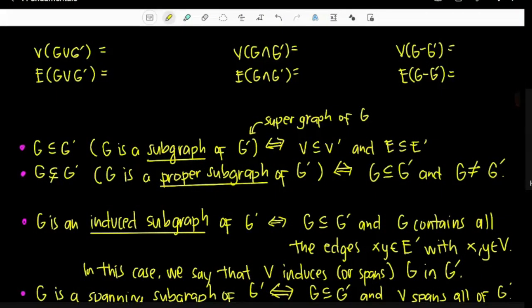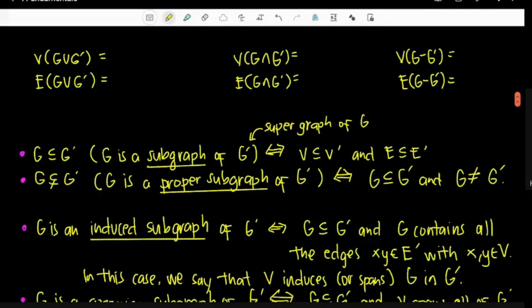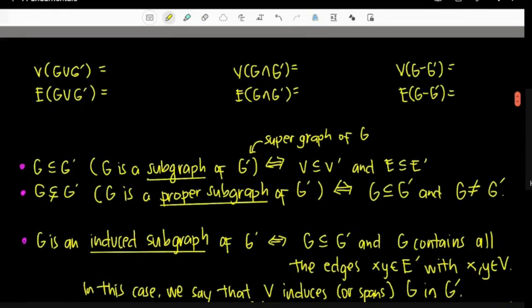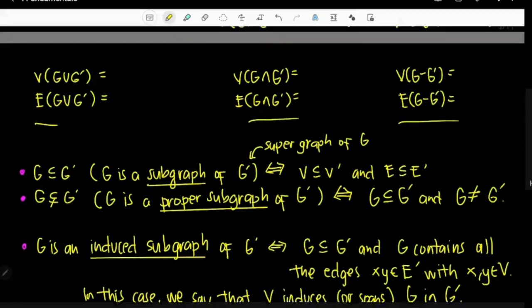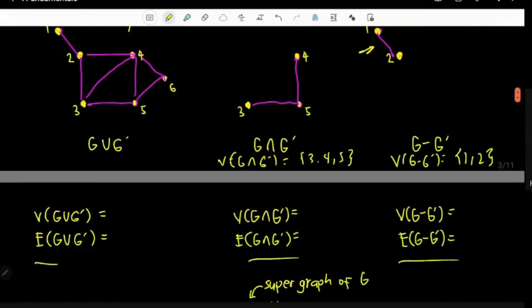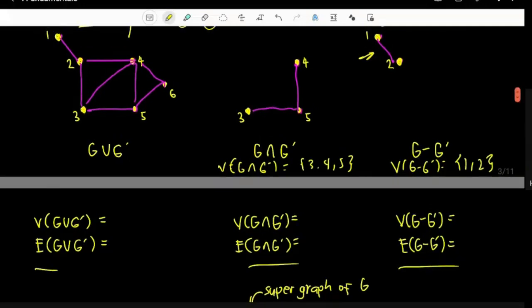All right. Now, I will leave as an exercise for you to list down all the vertices and the edges of the union, the intersection, and the difference. So all you need to do is to list down yung mga set or mga vertices and sets doon sa visual representation natin.